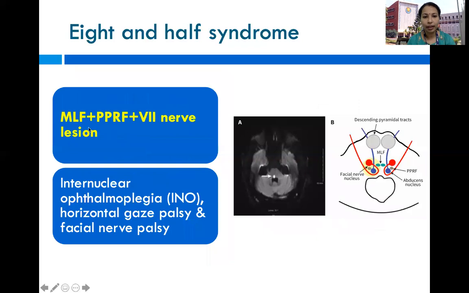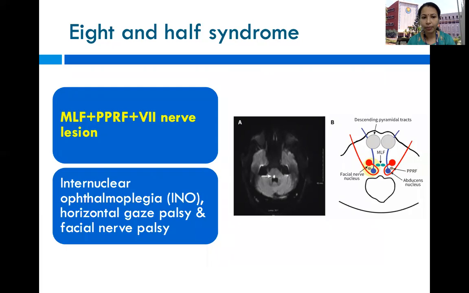When there is a lesion involving all of the medial longitudinal fasciculus, parapontine reticular formation, and the seventh nerve, we get a condition known as 8.5 syndrome. As you can see in this picture, the MLF, PPRF, and the seventh nerve nucleus are in close proximity with the sixth nerve nucleus.